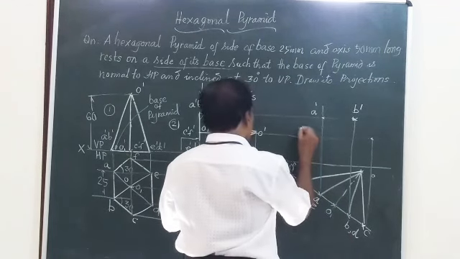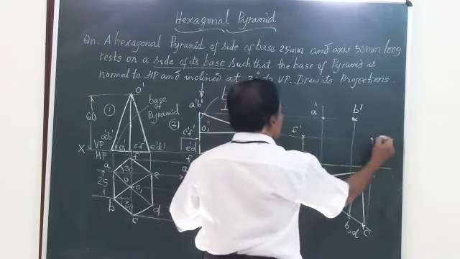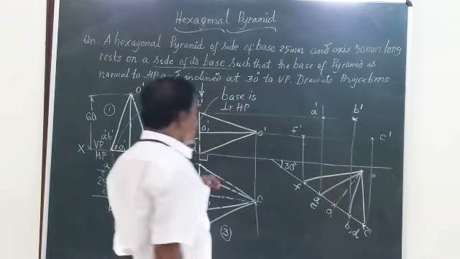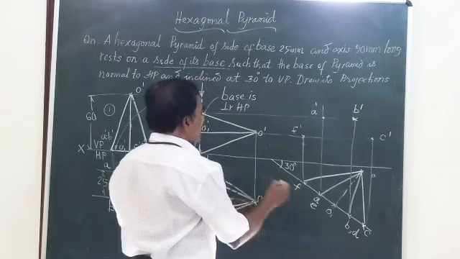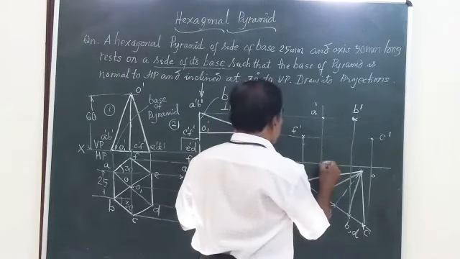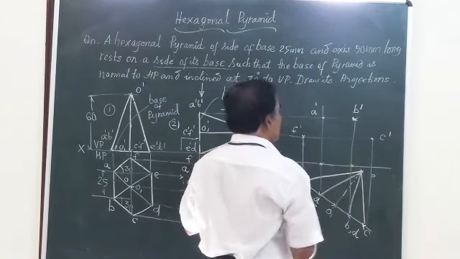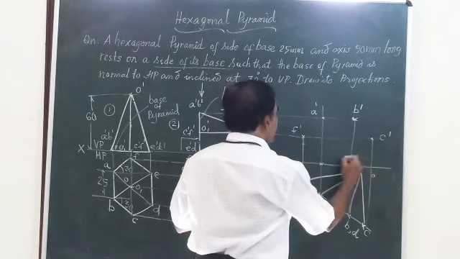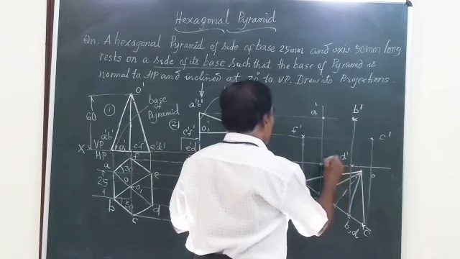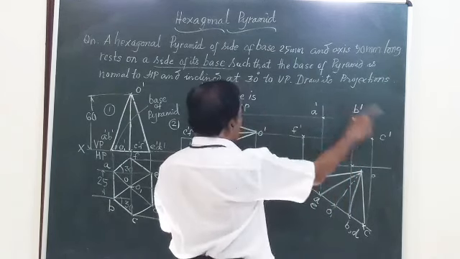This point is F dash and this is C dash. Next, you have the other 2 points, that is E comma D. E will be on this line and D will be on this line. So you have got A dash, B dash, C dash, D dash, E dash and F dash. So all the 6 corners you have got.